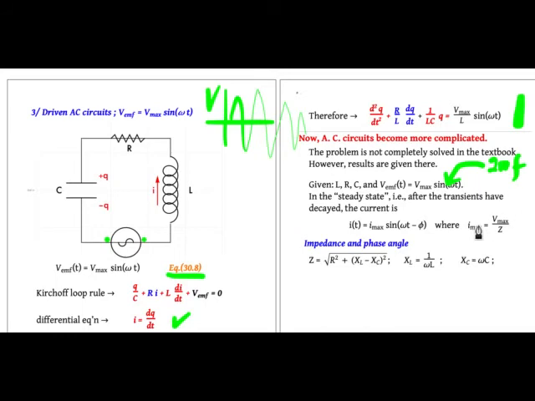They're proportional. The constant of proportionality is called Z, or 1 over Z. V max is I max times Z. Remember, in DC circuits, V is IR. So Z has the same units as resistance. So Z is measured in ohms. Its name is impedance.